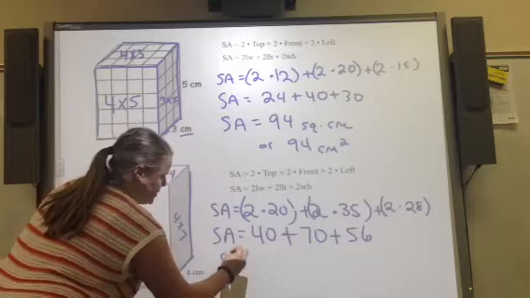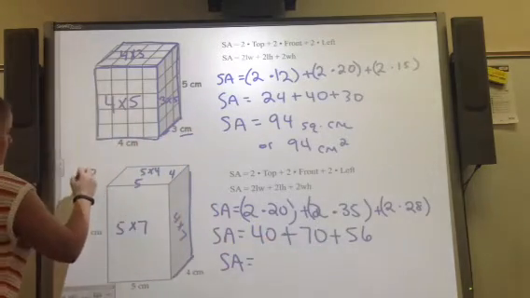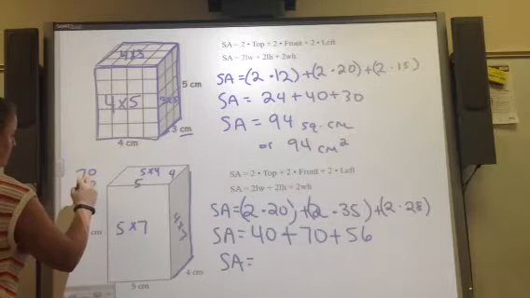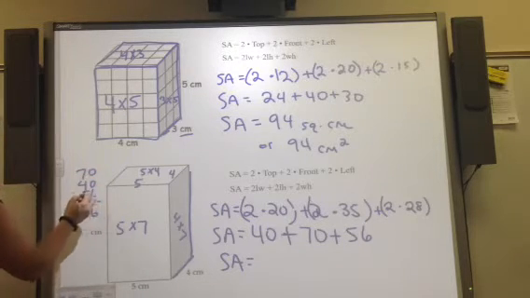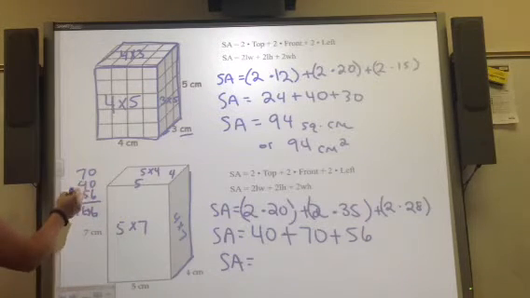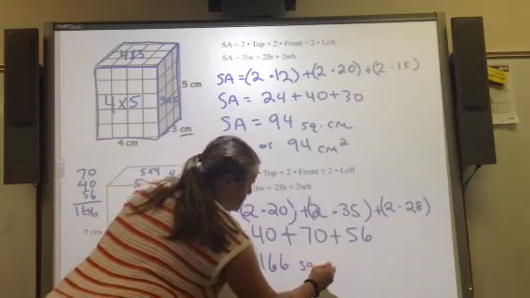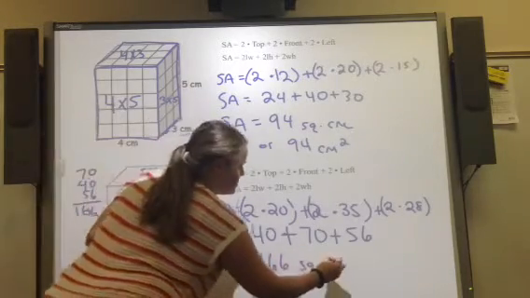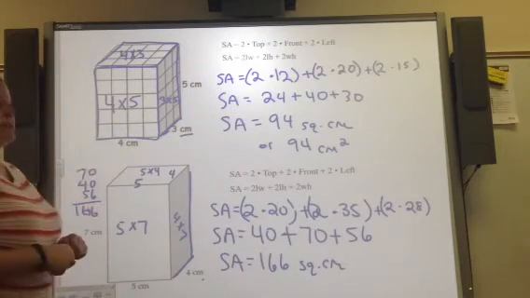When we add those values, we have 166 square centimeters. So that's how to find the surface area of a rectangular prism.